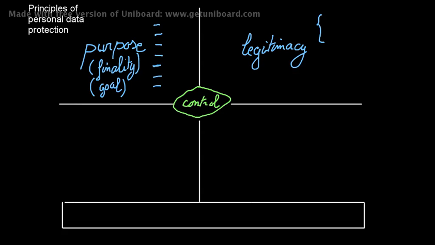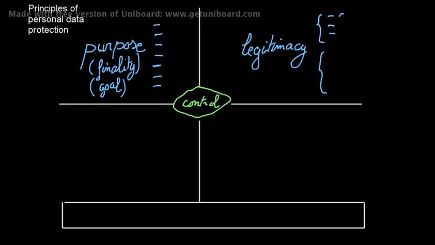You have the general grounds or basis for legitimacy. You have the specific basis for legitimacy when you are processing special categories of data. That's something we're going to go into in another presentation. And there's the specific grounds or basis for legitimacy when transferring personal data to third countries or countries outside the European Economic Area. That's enough for now.